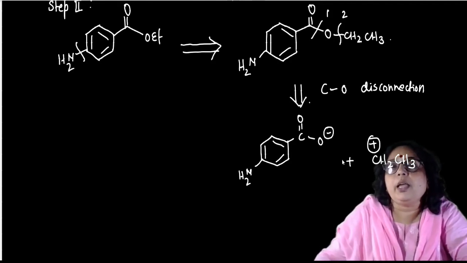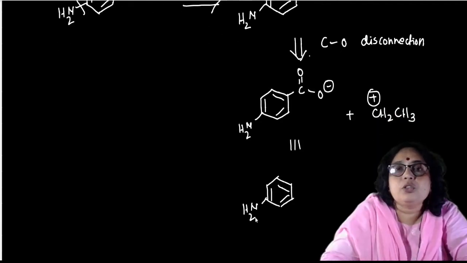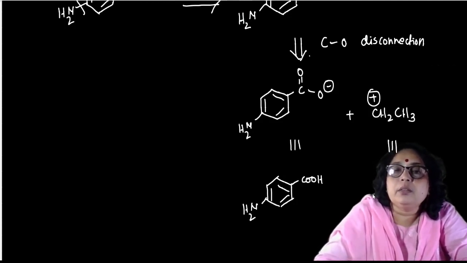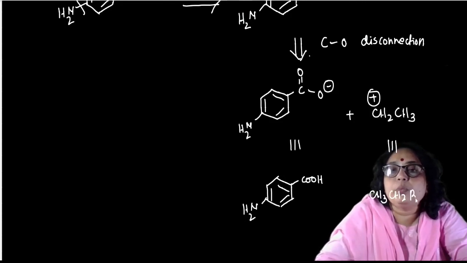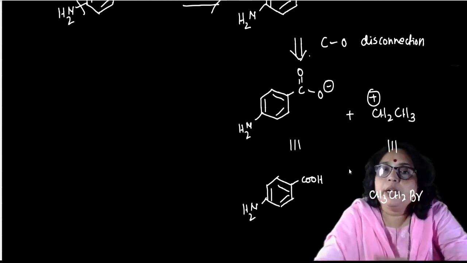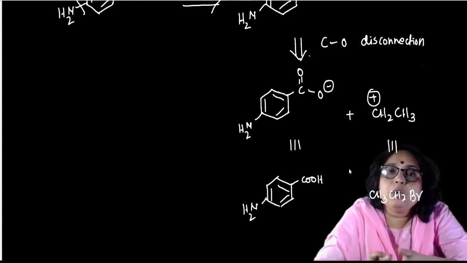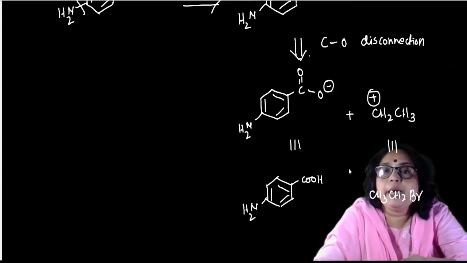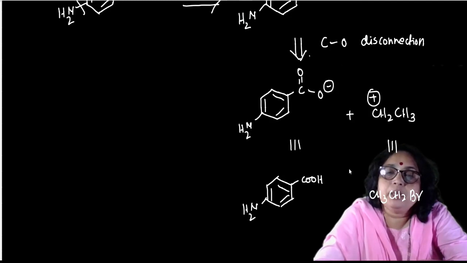So these are excellent synthons too, COOH, and here I am getting CH3CH2Br. Para-aminobenzoic acid is readily available. The ethyl bromide is also readily available in the market.